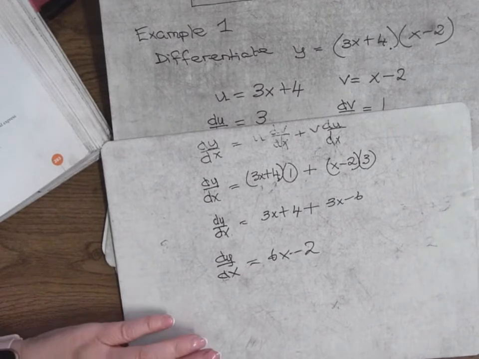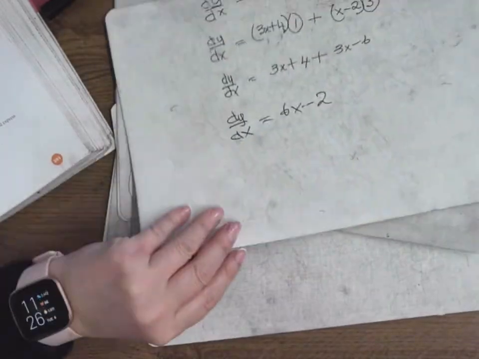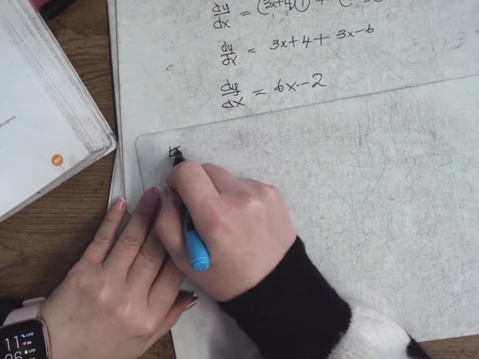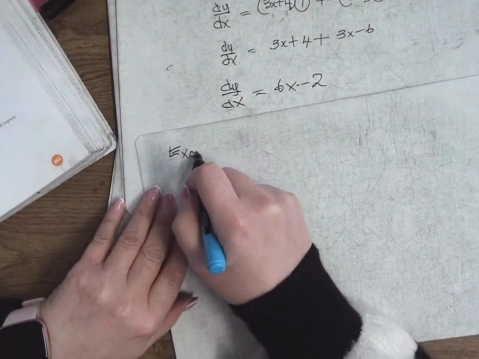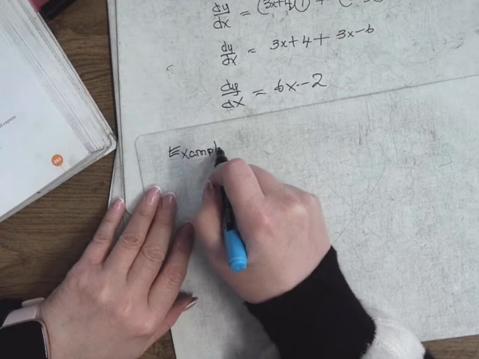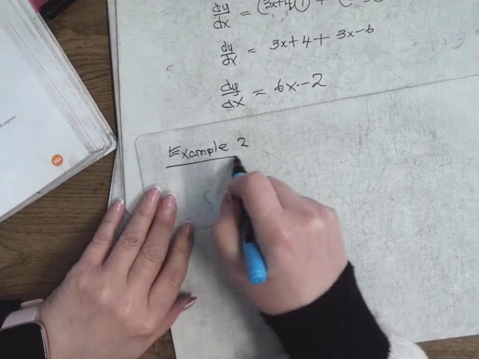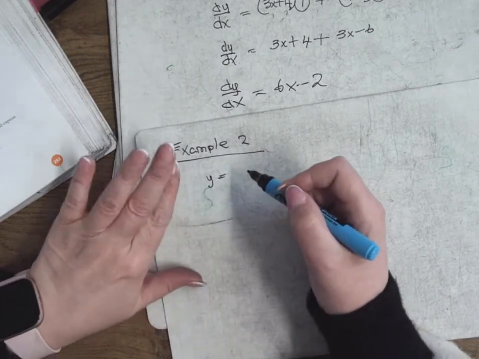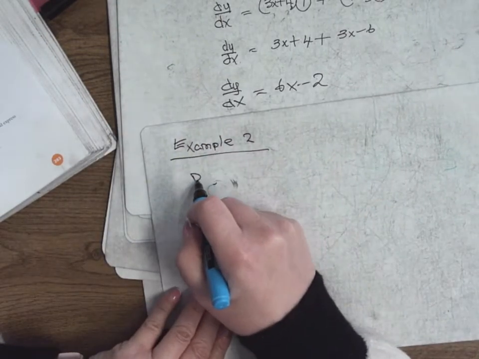Right, example 2, when you're ready. Can I do that? Is that okay? So, example 2. Differentiate y equals.